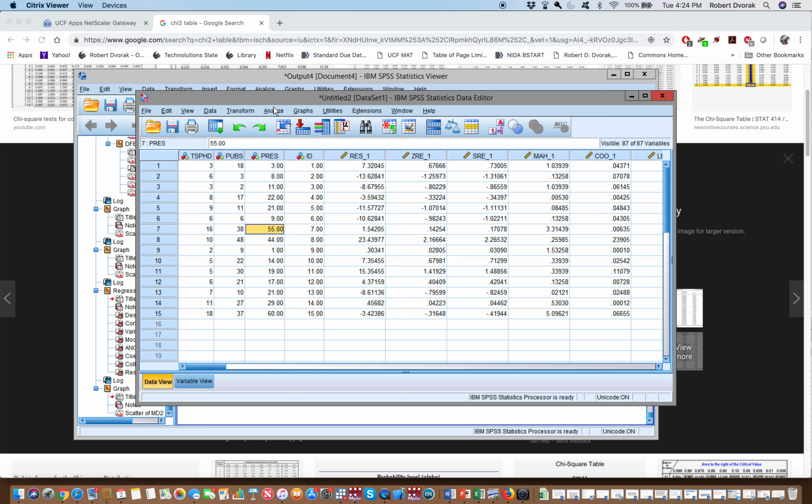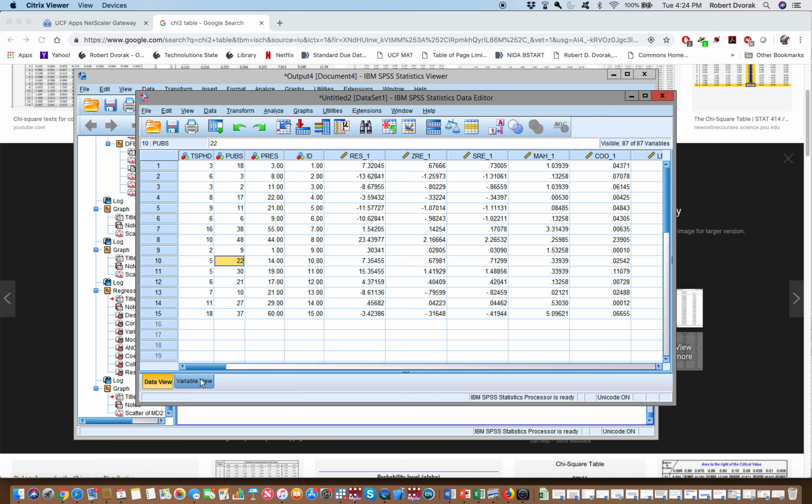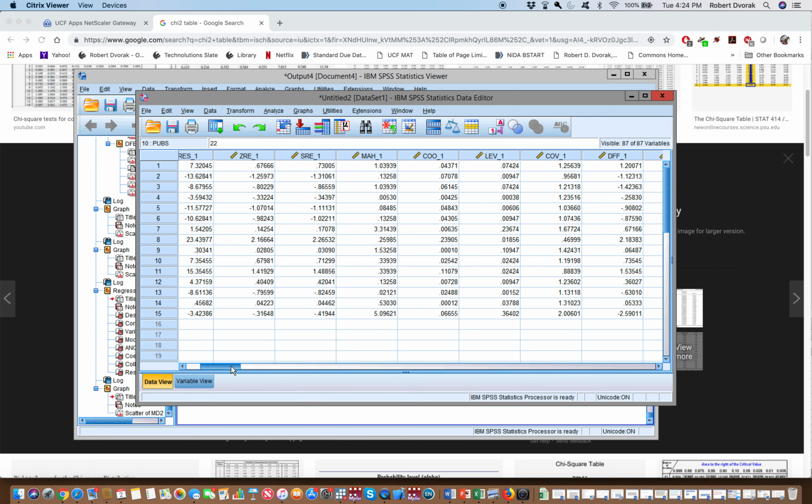If we actually go Analyze, oh, we don't even have to do it that way. We can just look at the Mahalanobis distance. If we only had 1 predictor in, right? If we were to square this, it's going to be 25. That one's going to be 9.